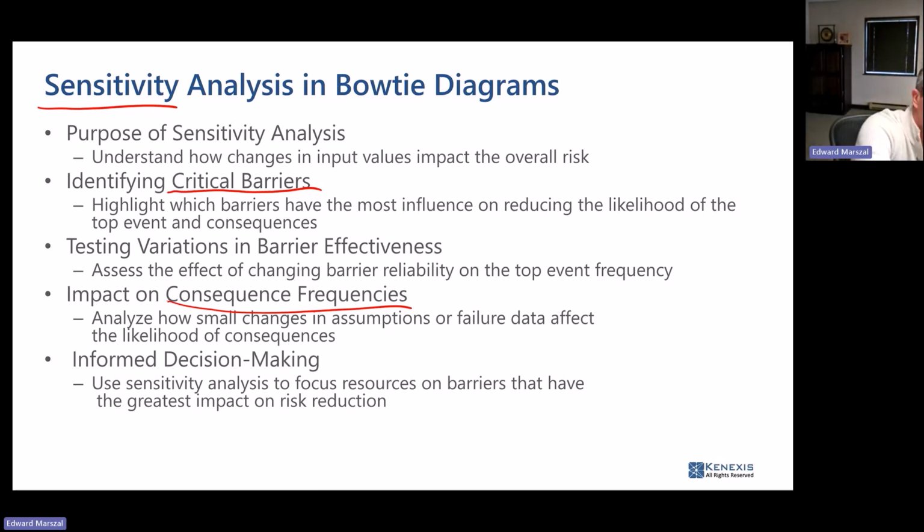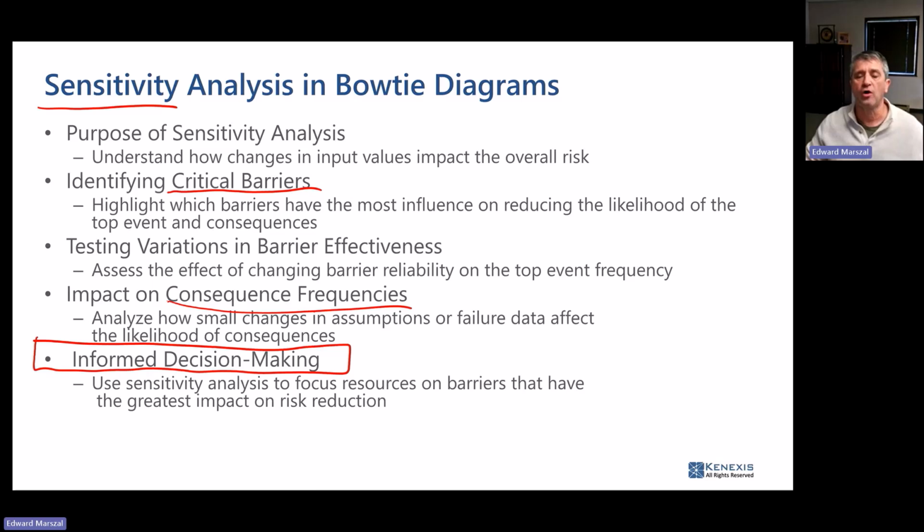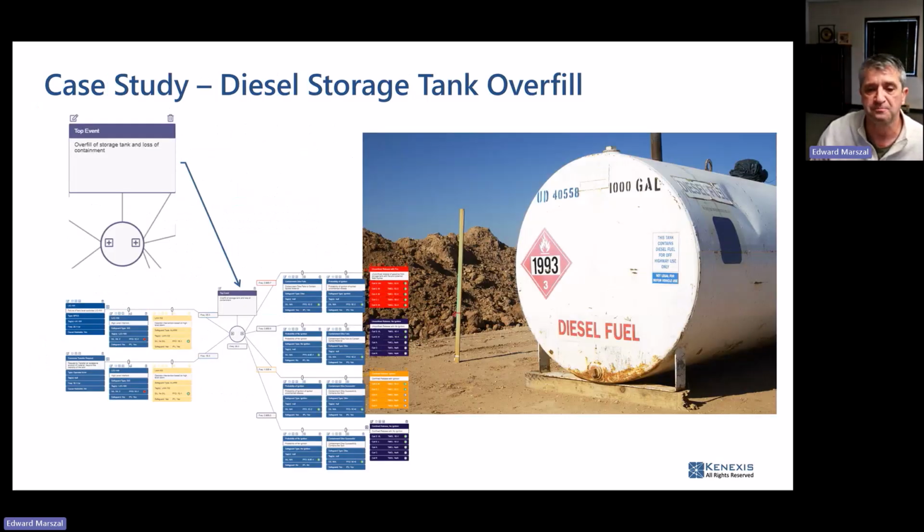Ultimately, this type of tool is going to allow for more informed decision making than if we only do it qualitatively, with just the words. This is going to allow us to focus on the barriers that have the greatest impact in risk reduction when we're designing our maintenance programs.